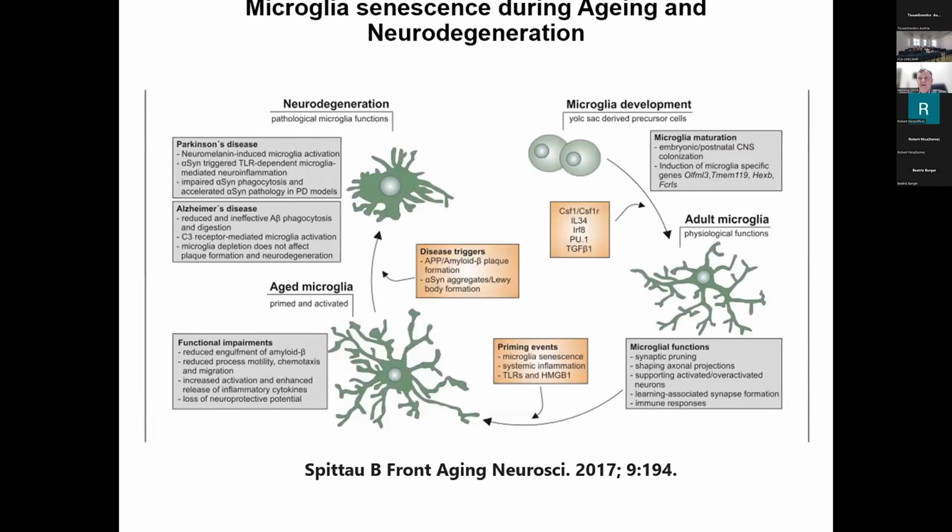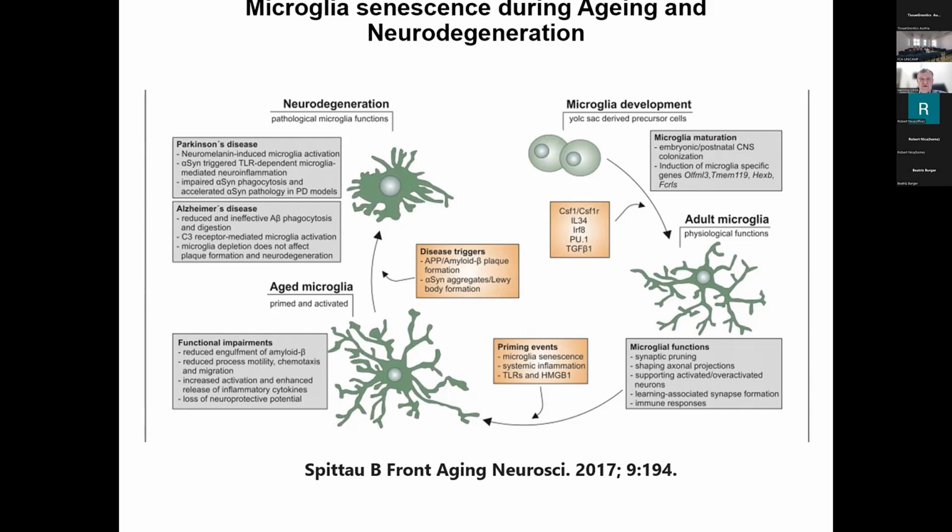Now, what happens during Alzheimer's disease is that microglial cells get activated, and they will basically secrete cytokines and neuroinflammatory parameters. But then these microglial cells will undergo aging and also senescence.